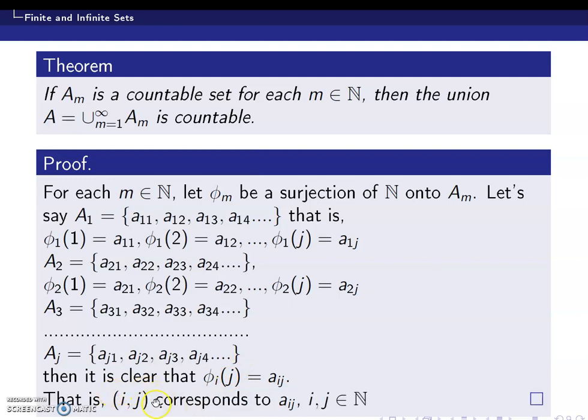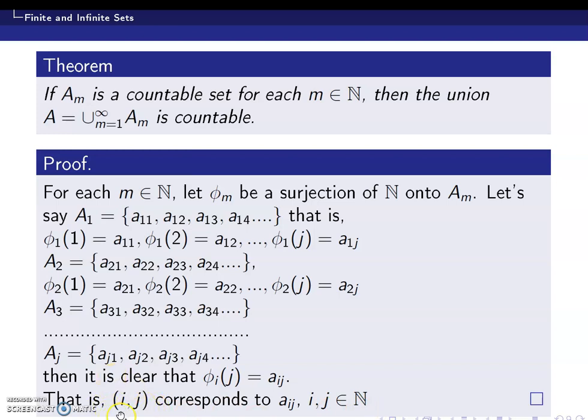So in other words, the ordered pair (i, j), where i and j are natural numbers, corresponds to the element a_ij, which is an element in capital A. In other words, corresponding to every element a_ij in capital A, there exists an ordered pair (i, j) where i, j are natural numbers.